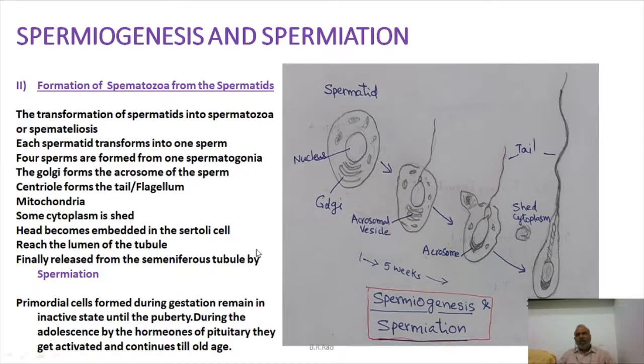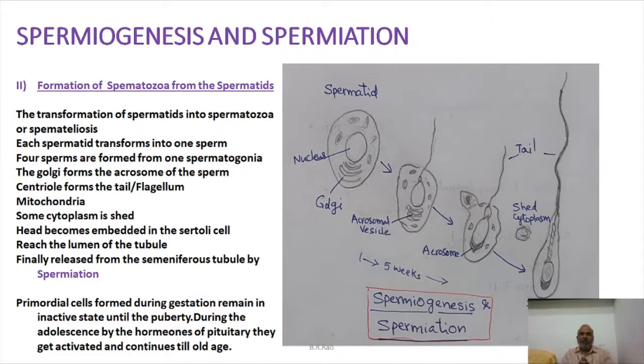Now one thing we need to understand is that spermatogenesis occurs in 2 stages. In the first stage, formation of spermatids. In the second stage, transformation of spermatids into sperms. The formation of spermatids occurs in 3 phases: multiplication phase, growth phase, and maturation phase.